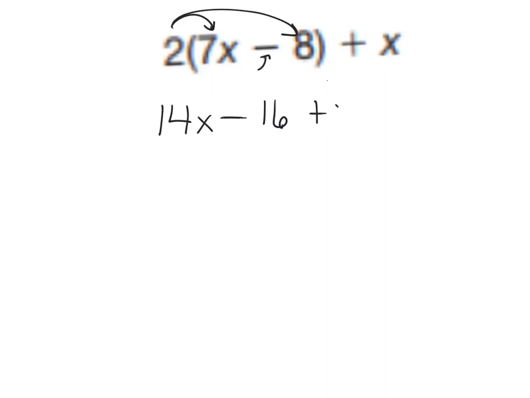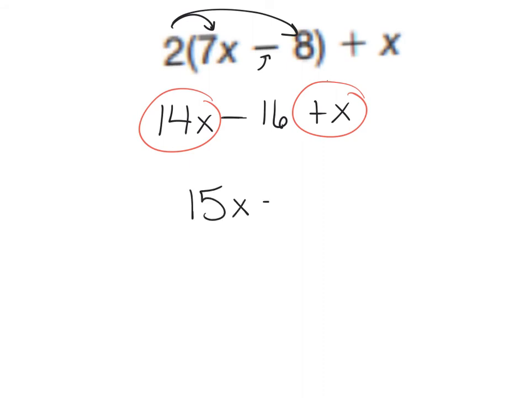And then plus x. So then you have to determine, is this as simple as I can make it, or can I combine like terms? Well, this time we can combine like terms because 14x and x are like terms. So 14x plus x gives me 15x minus 16, and that is our final answer.